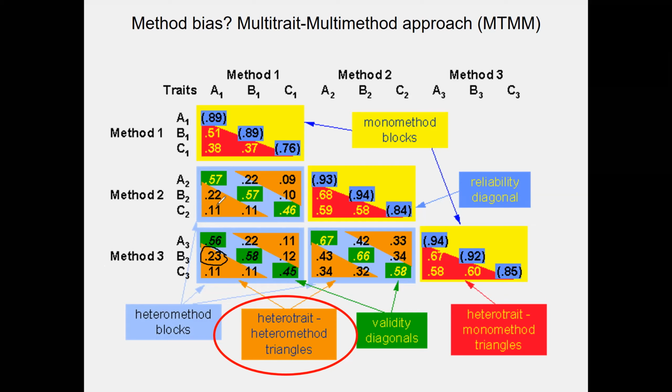So you've asked spouses to report depression, and you're correlating those scores with trait A, method 1, which is asking people themselves to report anxiety.